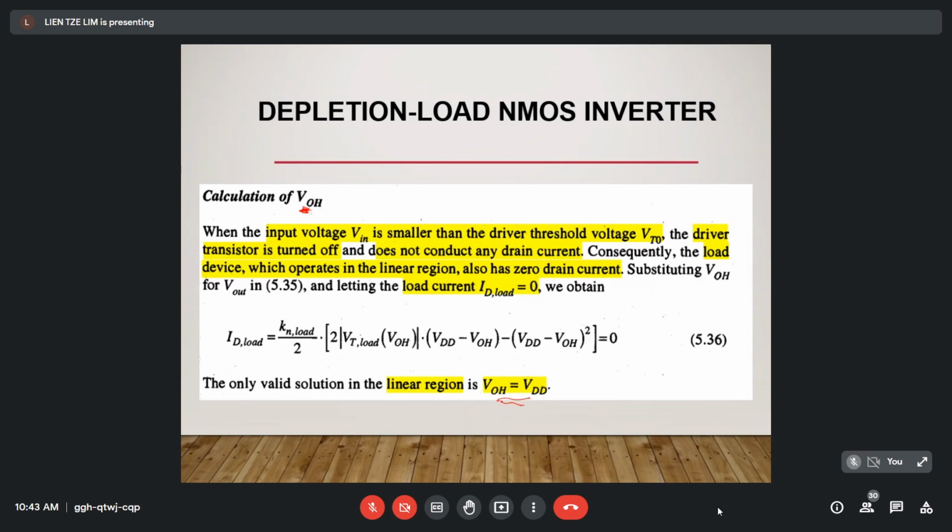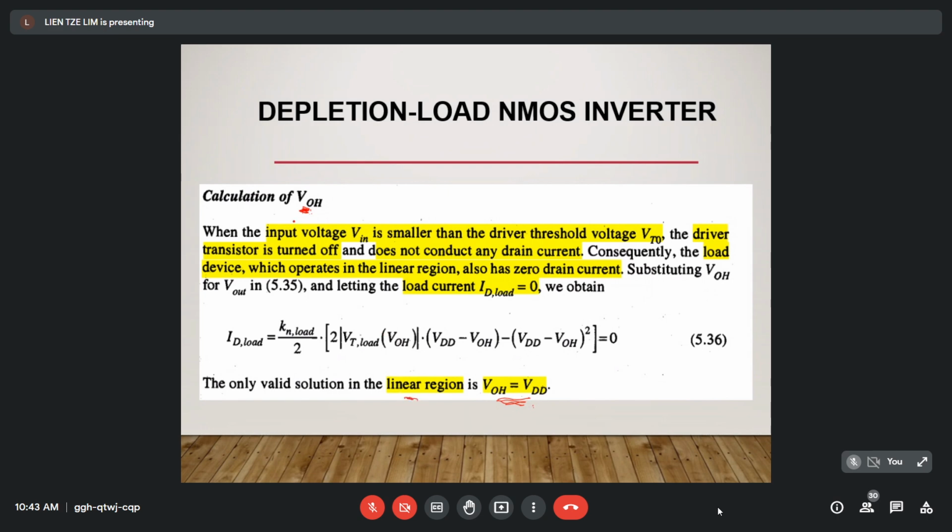This was mentioned before, just like the resistive load NMOS inverter, when the output is high, the value can be VDD. That also means that the driver transistor is in linear mode.